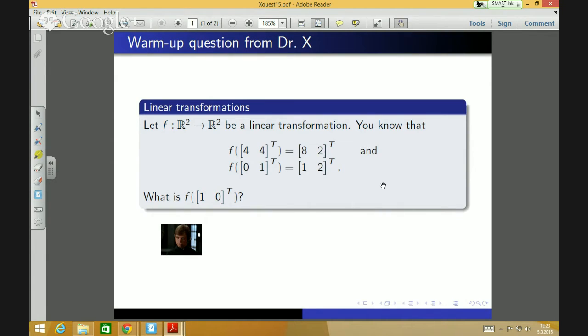It's easy if you know your linear transformations. And second, it means that you don't need to guess anything. All you need to do is think logically.